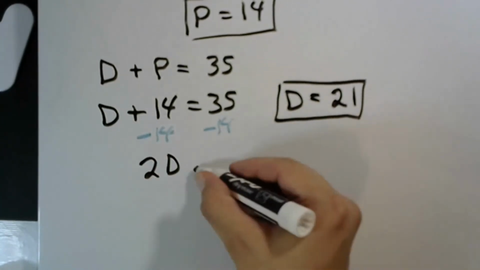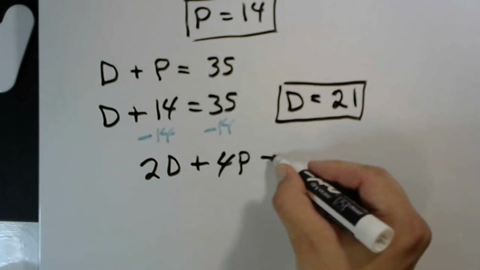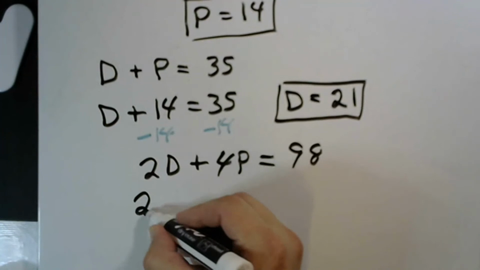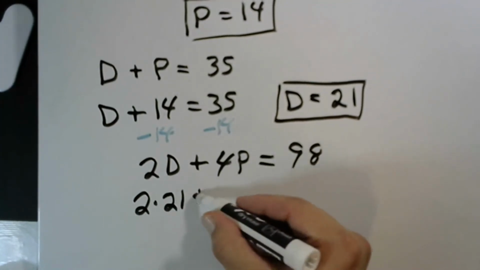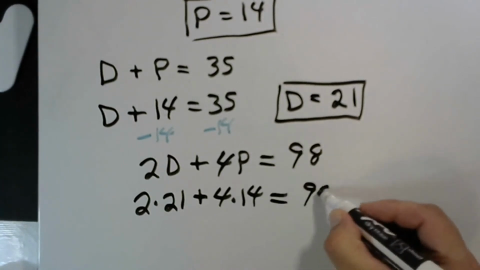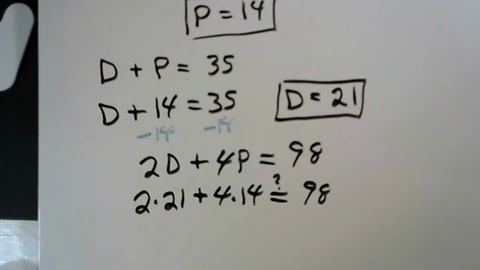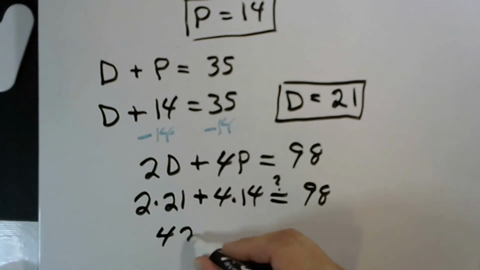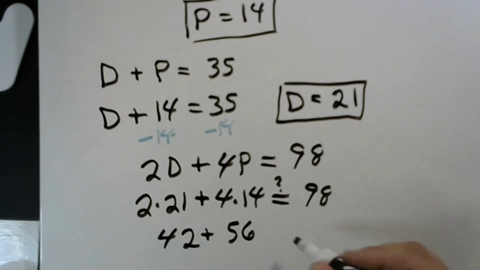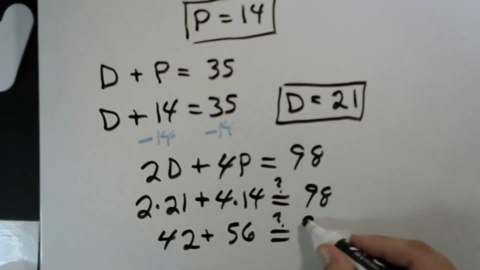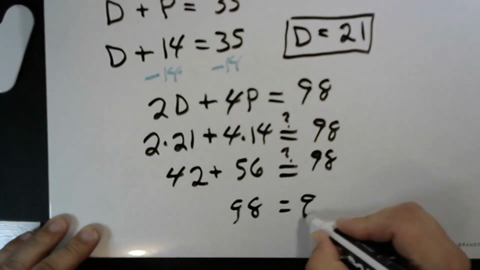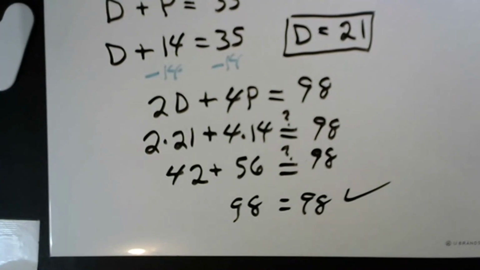Is 2D plus 4P equal to 98? Or is 2 times 21 plus 4 times 14 equal to 98? Or 42, let's see, it's going to be 56. Is that going to be 98? And sure enough, it is. And so we have our answer.